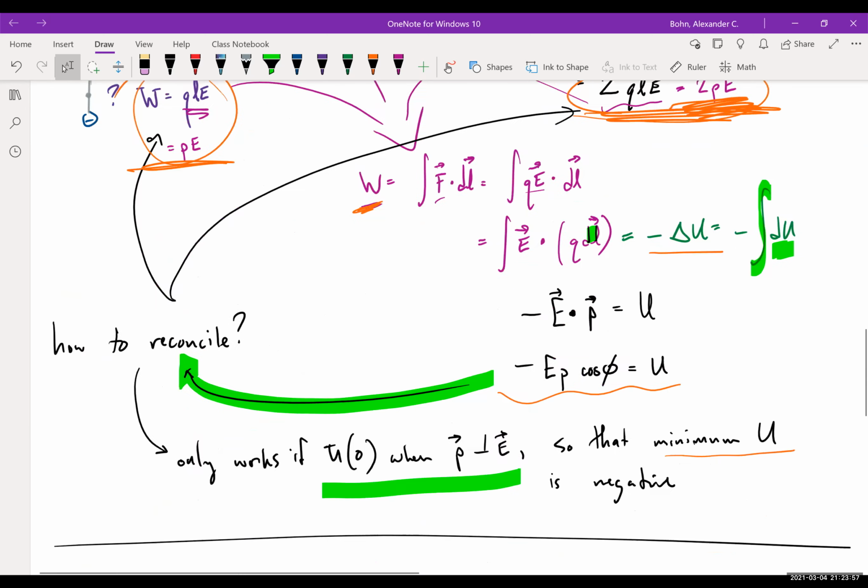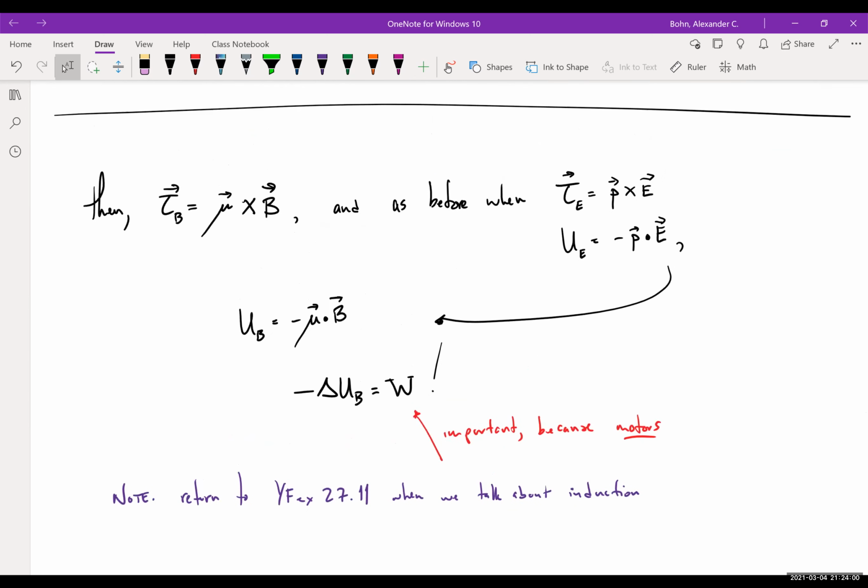However, the work done by the magnetic field to rotate a magnetic dipole, that's a thing. That is important, that if we change the orientation of a magnetic dipole, because a magnetic dipole is a current loop, if we are running some current through a loop in a magnetic field, we can get torque to happen, which means we can rotate a thing around an axle. We can run a motor.